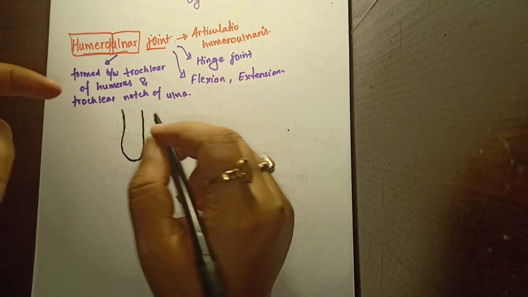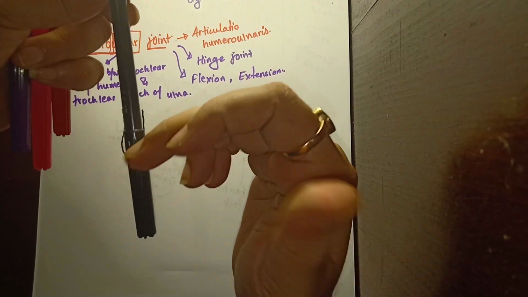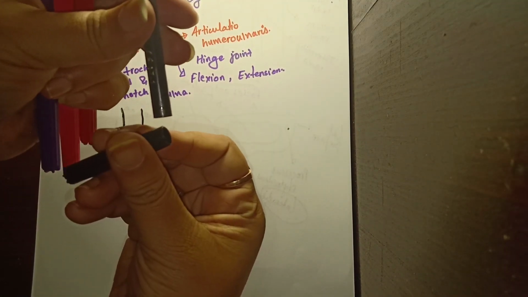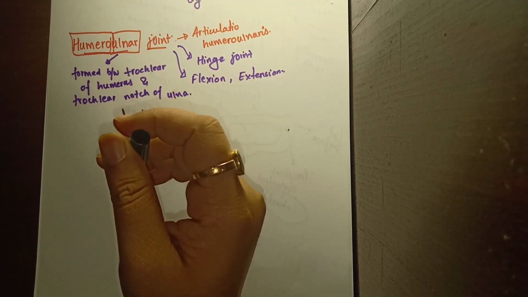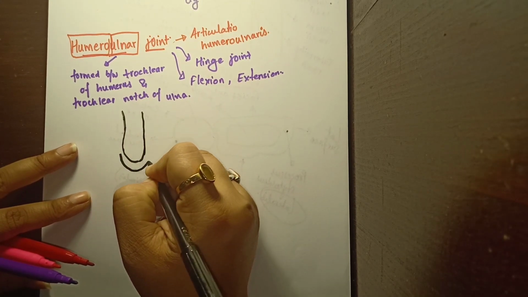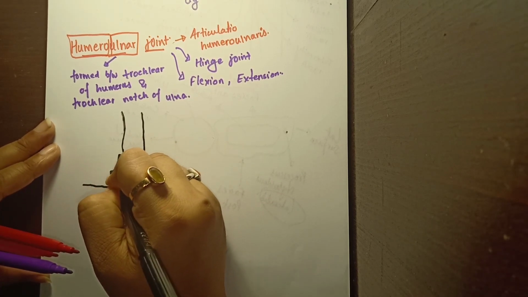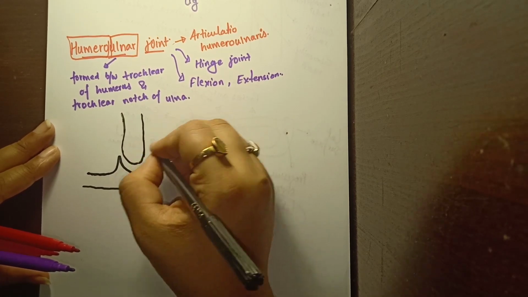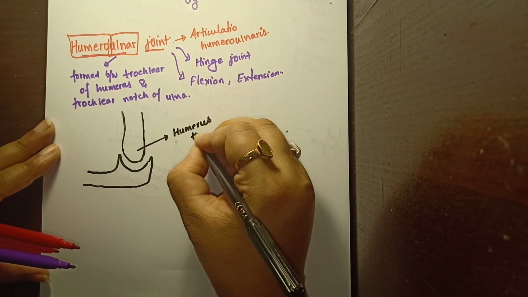So this is a humerus, like we are seeing the humerus on the lateral side, like this. And here we have the ulna. So this is the humerus, trochlea.